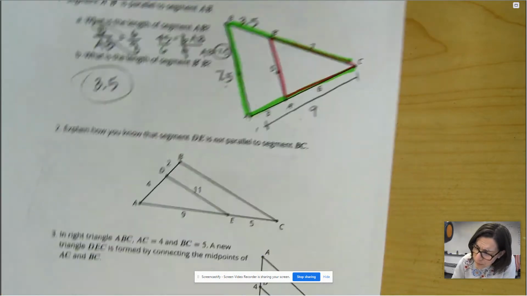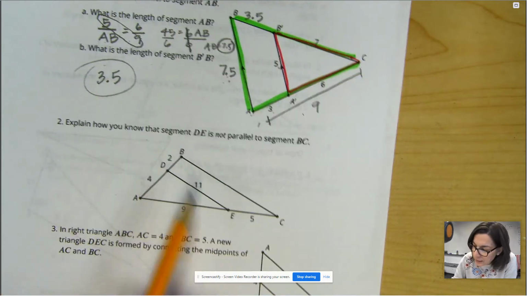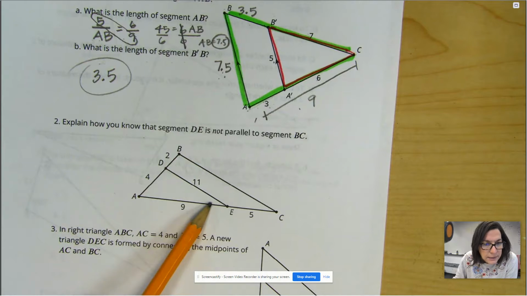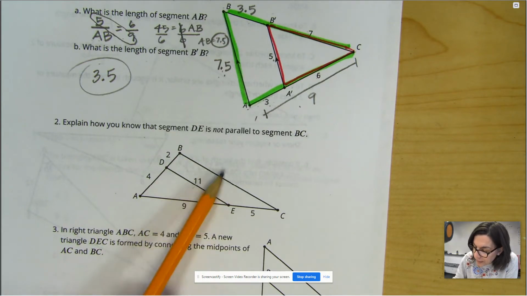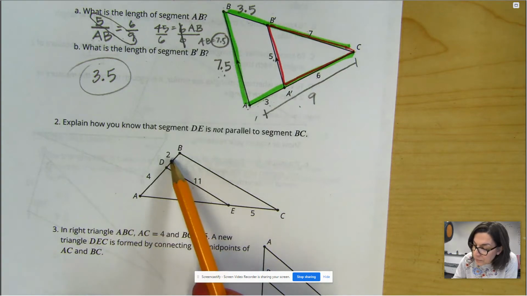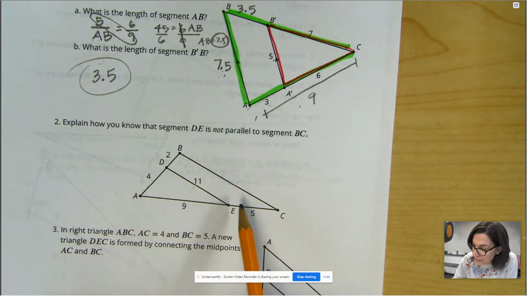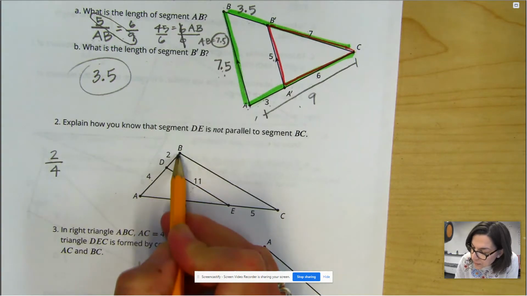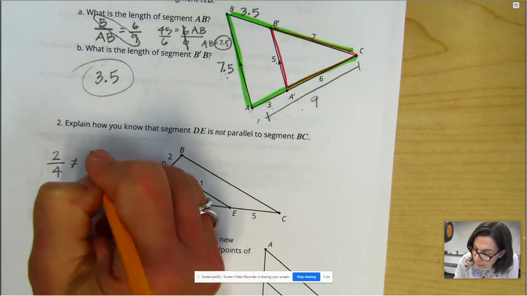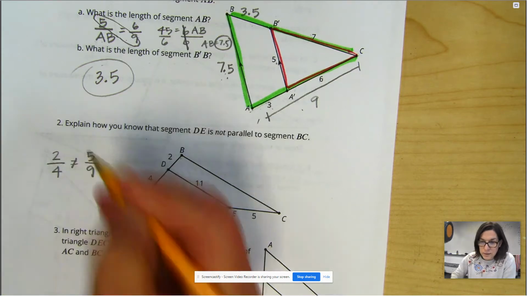Okay. Number 2, explain how you know that DE is not parallel to BC. Well, if they are parallel, they will cut these pieces into proportional pieces. And so I can see that 2 over 4 does not equal 5 over 9. Those are not the same proportion.